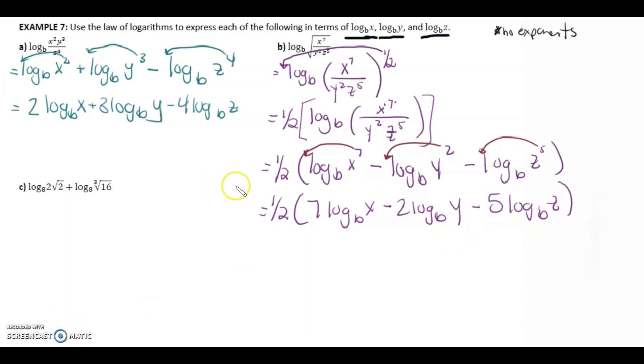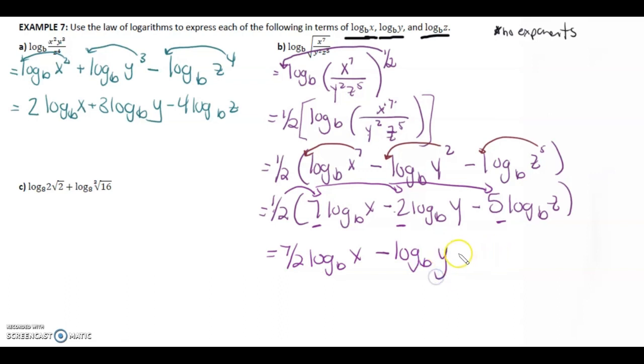Okay, last step, I'm going to distribute this 1/2 into the brackets. The number that it distributes onto is that coefficient. So we're left with 7 over 2 log base b of x minus, so this is going to be minus 2 over 2, which is just 1. So I'm not going to write it. I'm just going to write log base b of y, and then minus 5 over 2 log base b of z.